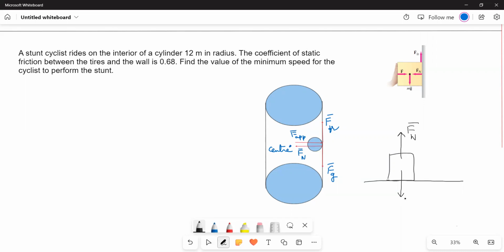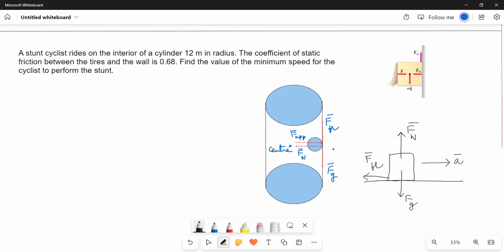And if the object moves towards the right with some acceleration, then the friction will be in this direction. This is the general representation of the forces you come across in your study. But here, everything is upside down. Instead of the horizontal direction, the friction is acting in the vertical direction, and the normal force, instead of acting in the vertical direction, is acting in the horizontal direction.